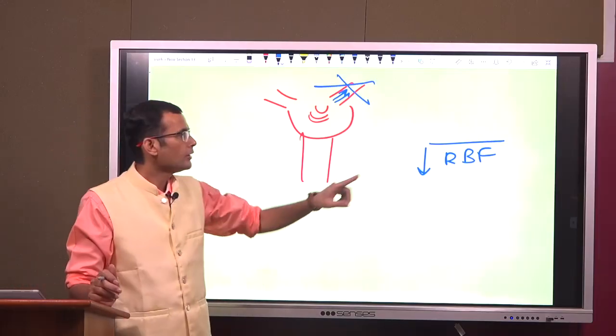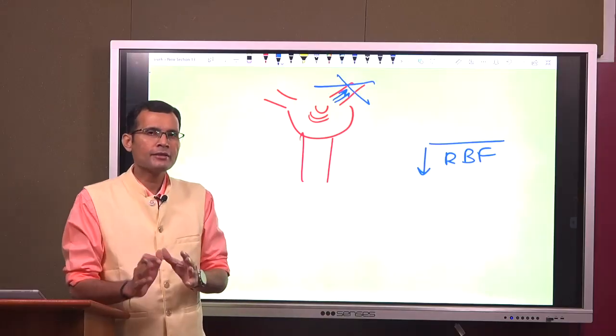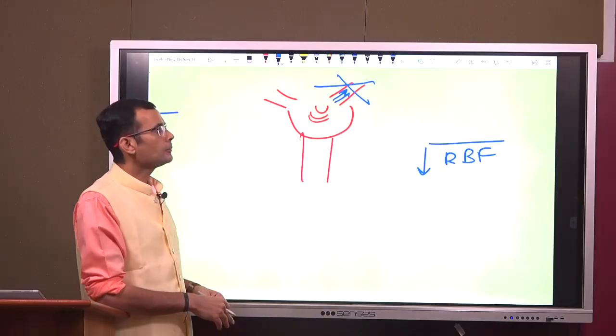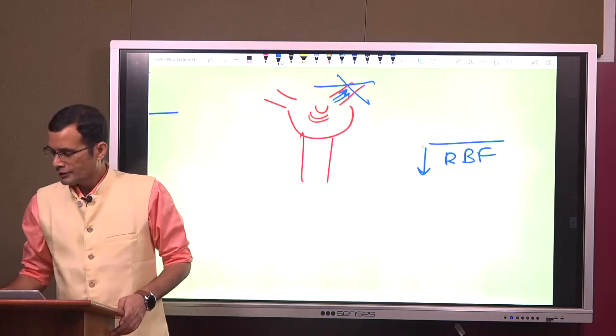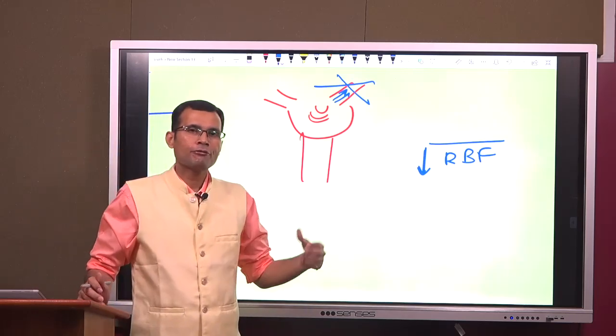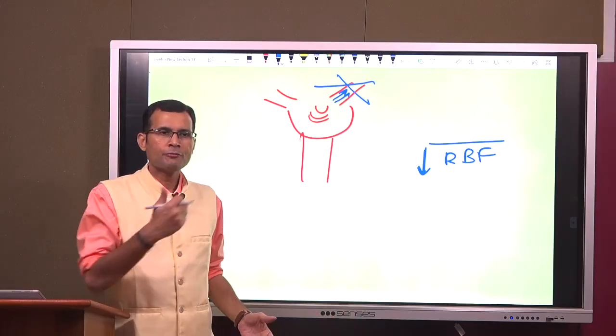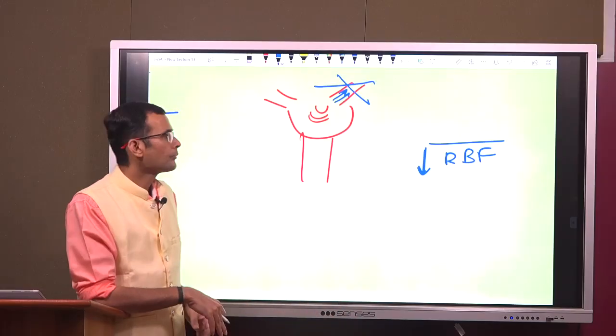When I say renal blood flow, actually we can take it as renal plasma flow, in the sense that we are talking about the rate of blood flow and rate of plasma flow. They will be the same.